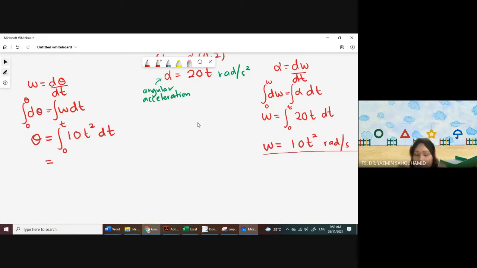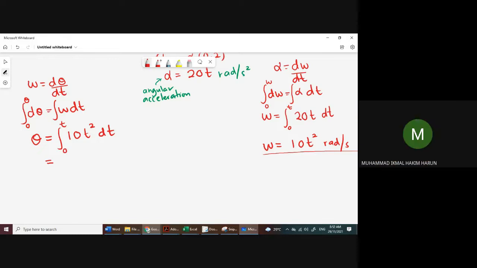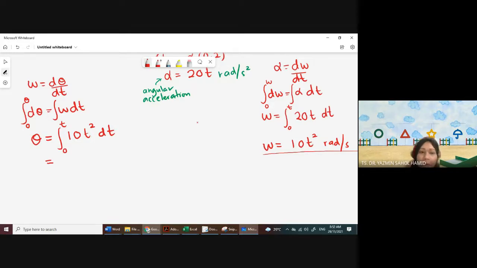So if you integrate 10 t squared, what do you get? 10 over 3, about 3.33, t to the power of 3.